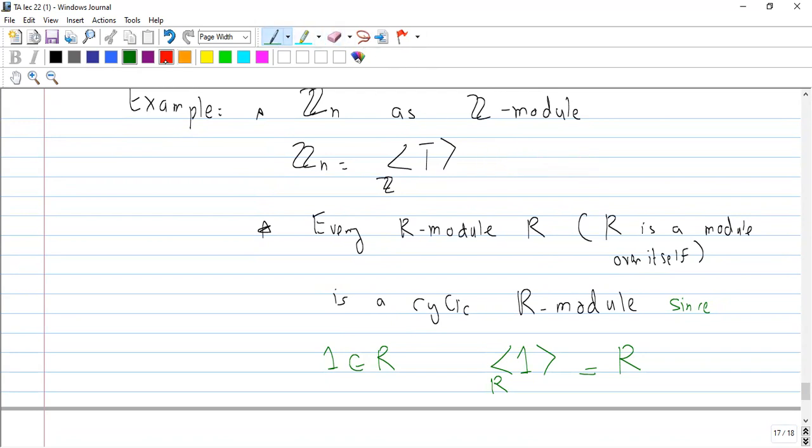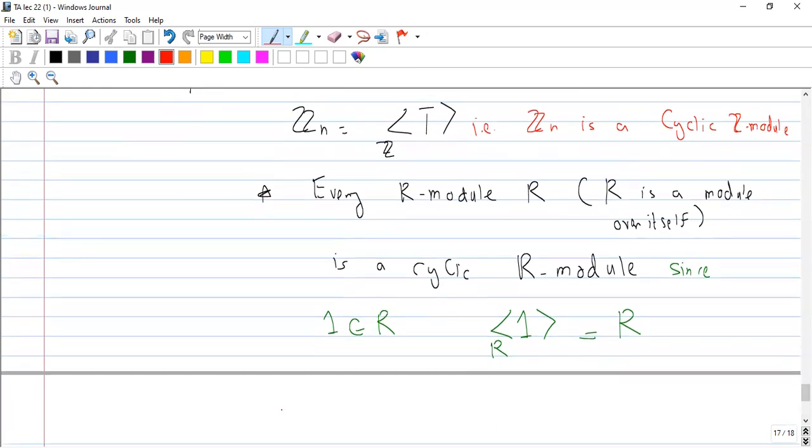So it implies that Zn is a cyclic Z module. And from this example, you can imply that Zn is a cyclic Zn module in particular.